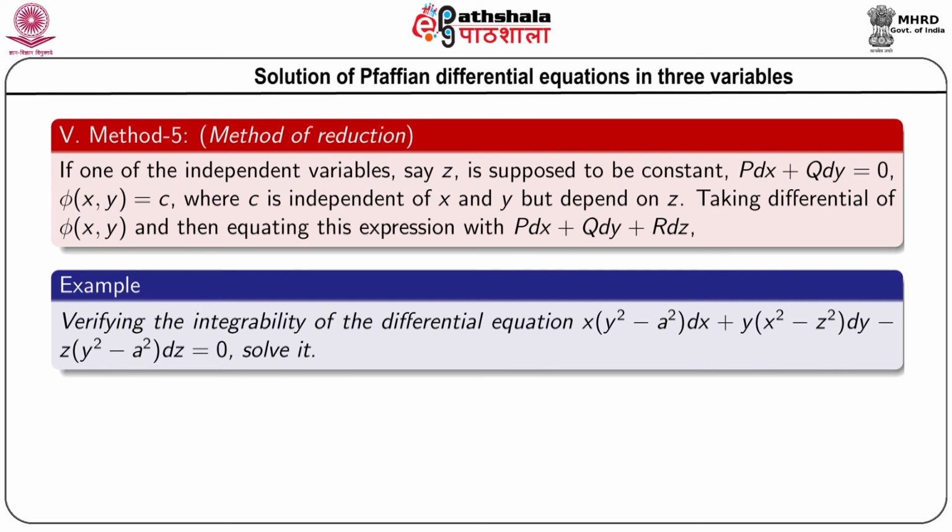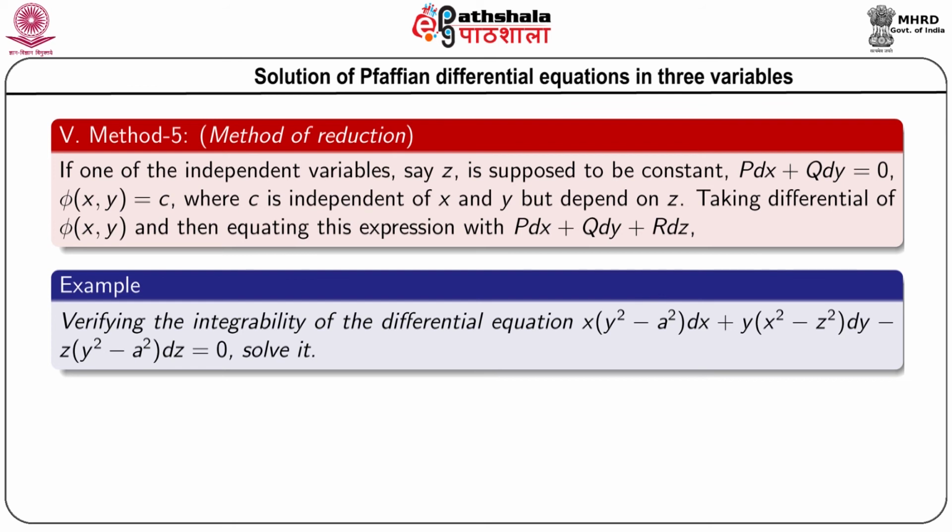Now, taking the differential of φ and equating it with p dx plus q dy plus r dz, we will get an equation in c, x and y, and that will give the integral of the given equation.